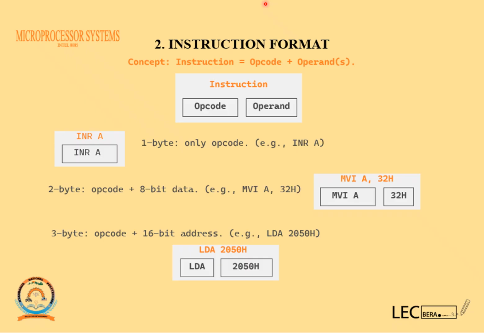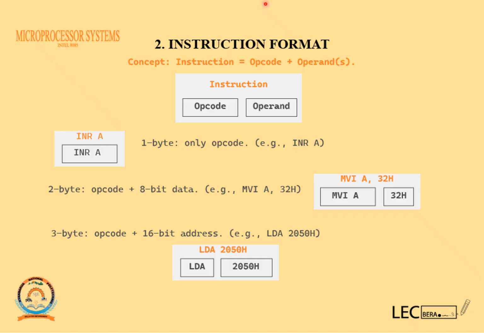In summary, an instruction format can either be opcode only or opcode plus operand. If the instruction is only an opcode, then it's 8-bit in length. If the instruction contains an opcode and an operand, then it's going to be 16-bit or 24-bit in length, which means the opcode maintains the 8-bit and the rest is for the operand.